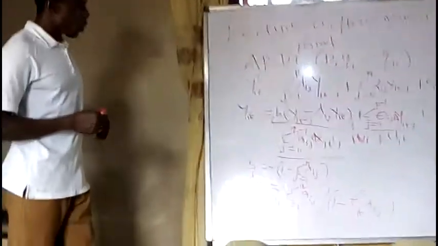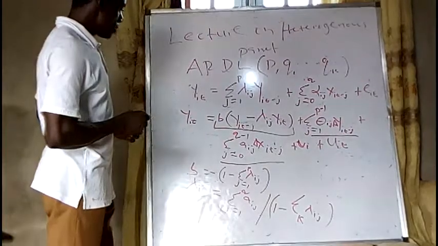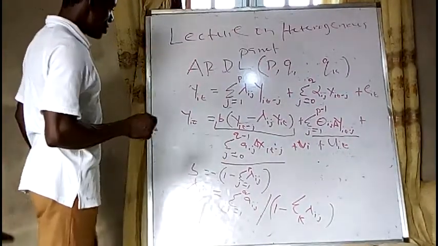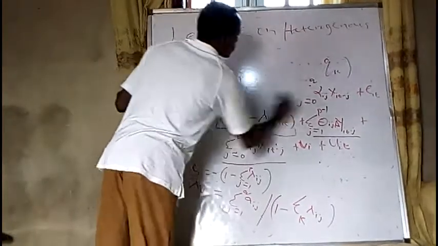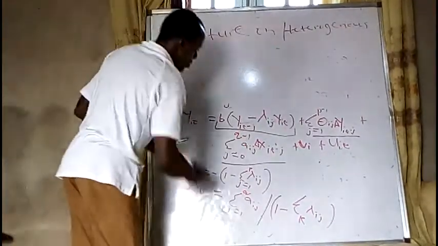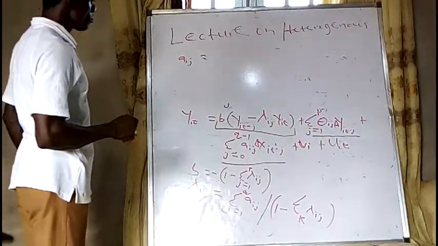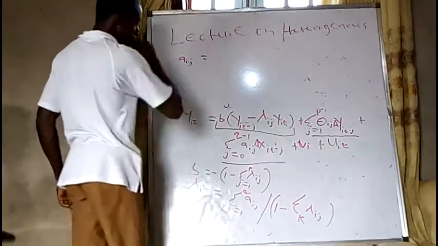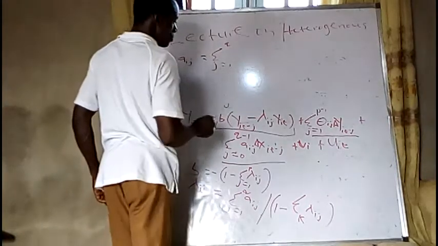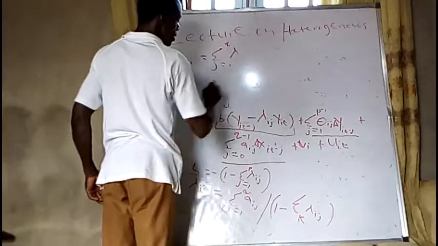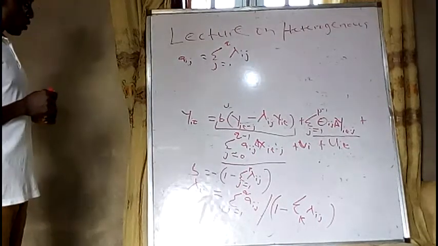Now the short run coefficient, which is in this equation, which is a_ig, the short run coefficient, is equal to sigma j, taking value from 1 to q, and that is the short run coefficient.